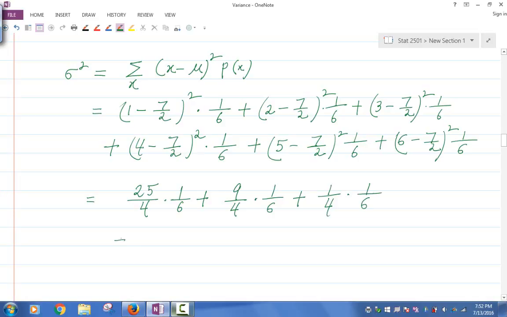The next term would be 8 minus 7, so 1/4 again, times 1/6, plus the next term would be 10 minus 7, which is 3, so 9 over 4 times 1/6, plus 12 minus 7, which is 5, so 25 over 4 times 1/6.